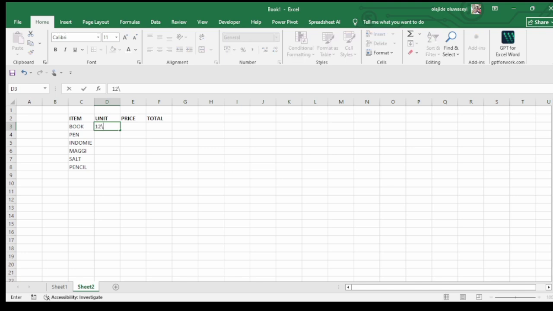Let's say 12, 13, 15, 6, 4, 7. So let's say the price. What is the price? Let's say book 200, 100 naira, 300. Let's say 50 naira. Let's say 200. We have our pencil 100.